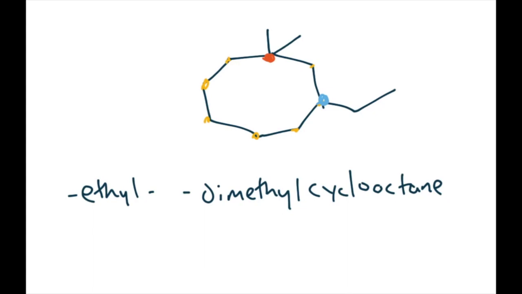Orange. So the reason is, either way I number, I'm going to start with number 1. But if I start at the orange carbon, I get 1, and then what's my second number in my name? I get another 1. I'm 1, 1, then I'm 3. If I start at the blue carbon, I'm 1, then I'm 3, 3. So my second number is 3. So I'm going to start at the orange carbon, so I get 1, 1. So I have 3-ethyl 1, 1 dimethyl cyclooctane.